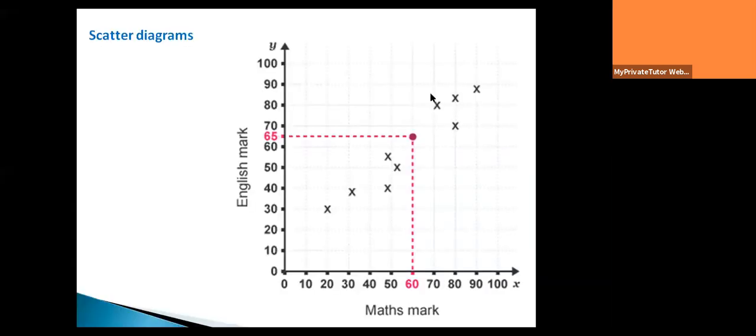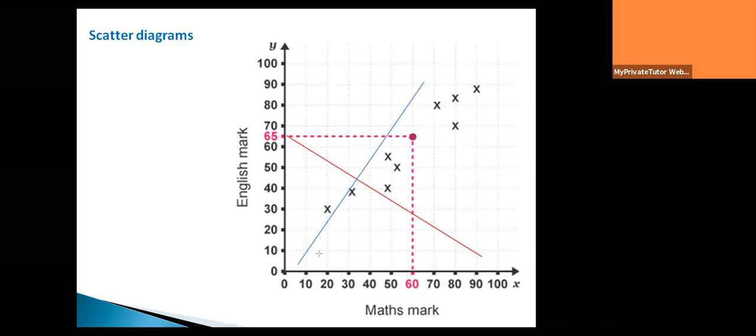Okay, so one more thing I need to add in these scatter graphs: negative, positive, and no correlation. If it looks like this, I will take a different color and draw. Can you see the two lines I have drawn in a scatter graph?